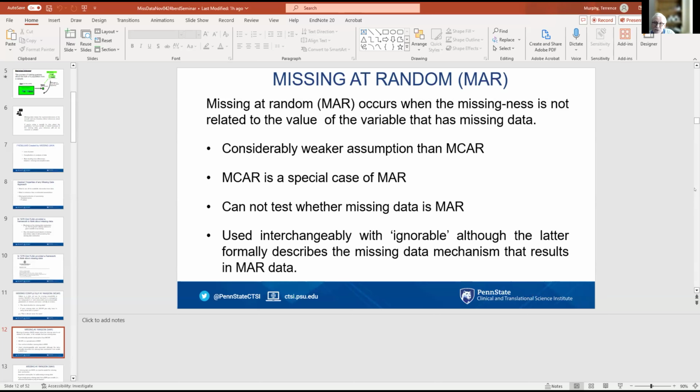Missing at random in the literature is often used interchangeably with the term ignorable, although to the purists, ignorable really is meant to describe the missing data mechanism that results in data that is missing at random. So just a little terminology there that you see.